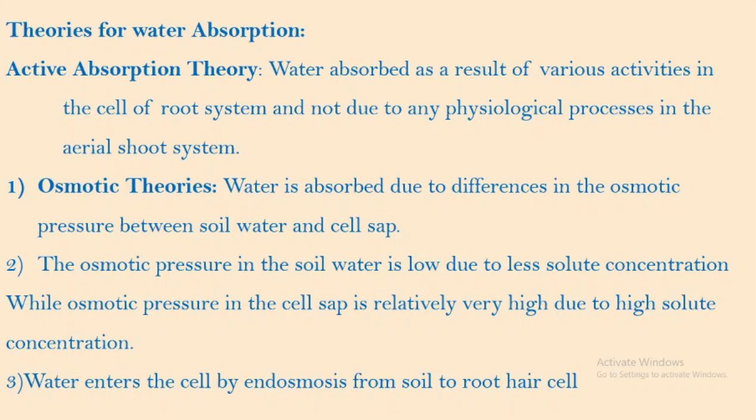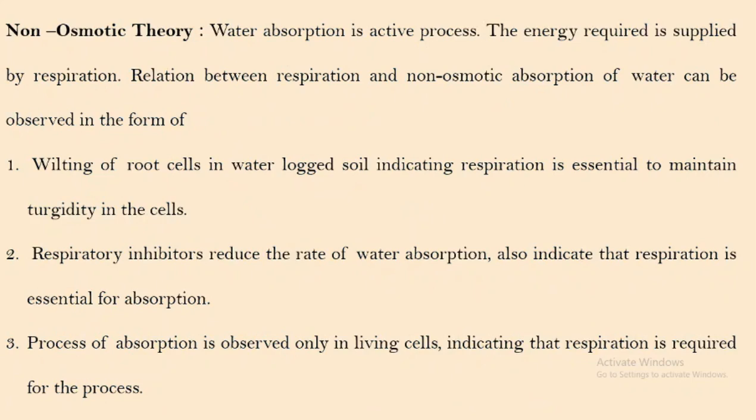The osmotic pressure in the soil water is low due to less solute concentration, while osmotic pressure in the cell sap is relatively very high due to high solute concentration. Water enters by the endodermis from soil to root hair cells.